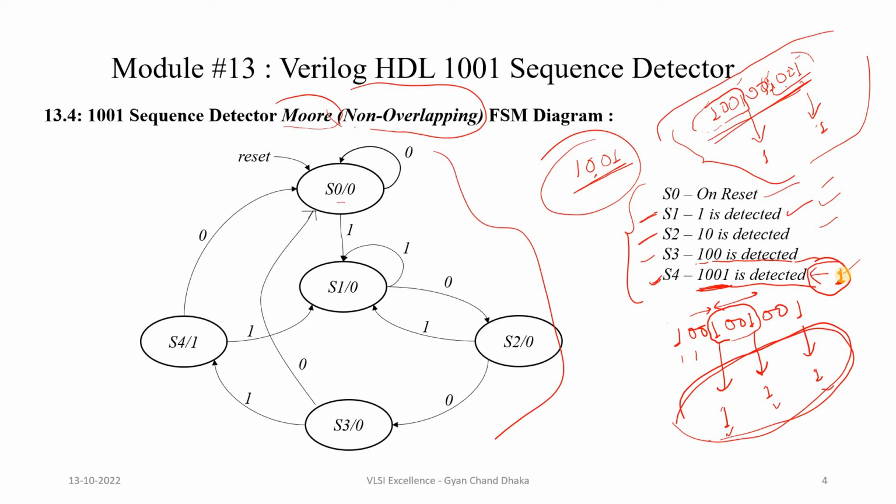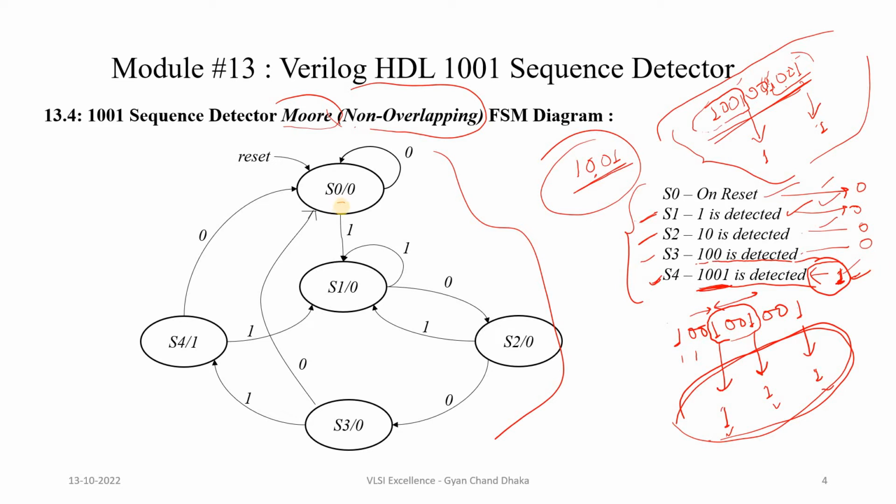First we are at the default state, which is S0, and the output at S0 is 0. So at S0 state our output is 0, S1 also output is 0, S2 also 0, and S3 also 0, and at S4 state our output will be 1. In the start we are at S0 state and our output is 0.